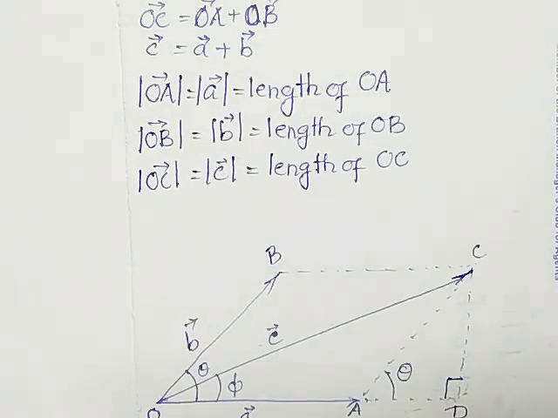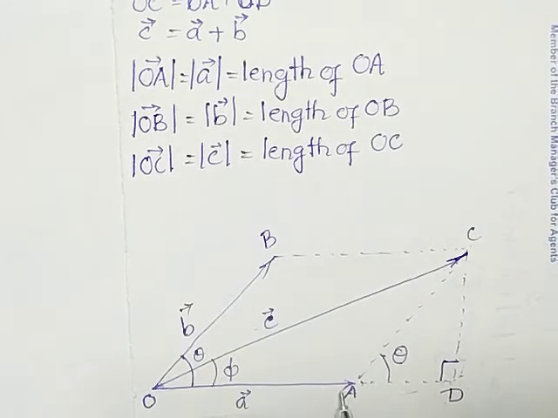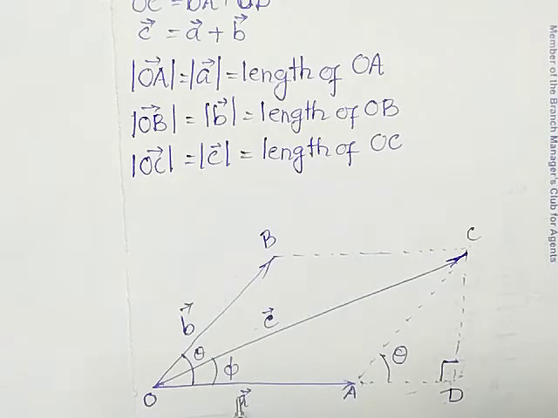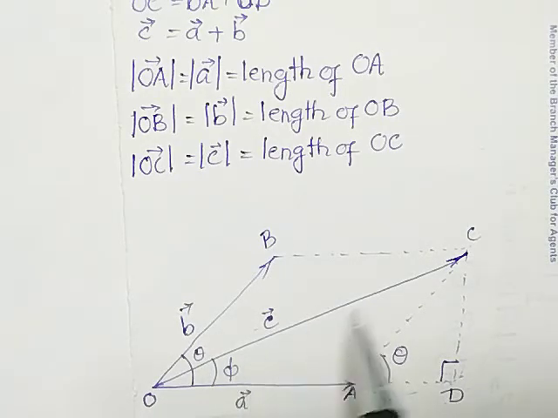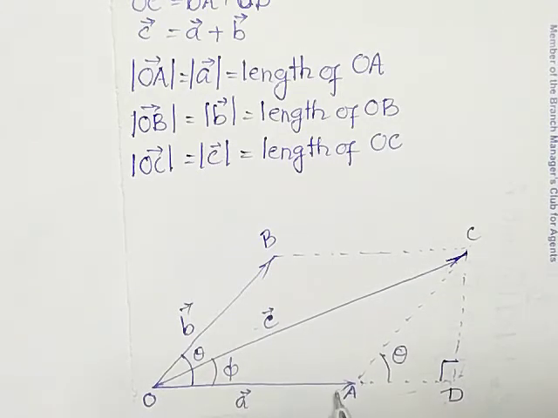So here in this figure, just see OACB. The A vector is represented by OA, B vector by OB, C vector by OC. So you can say the OC vector is equal to OA vector plus OB vector.